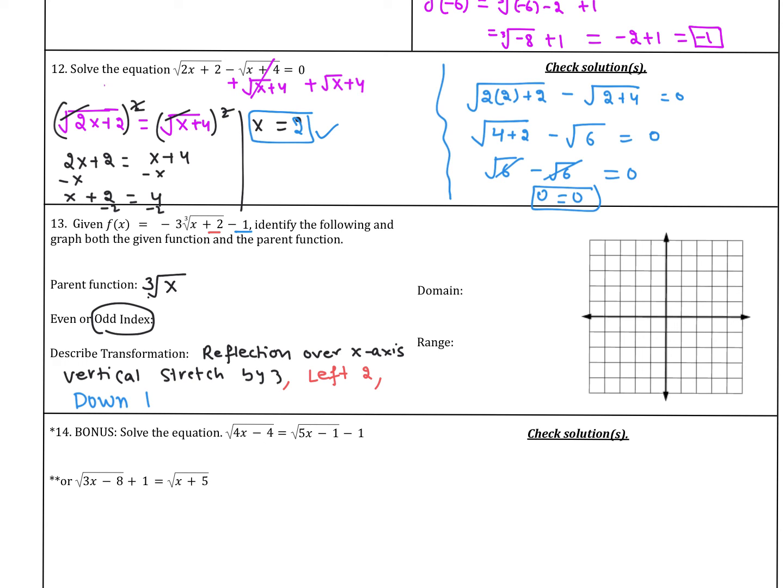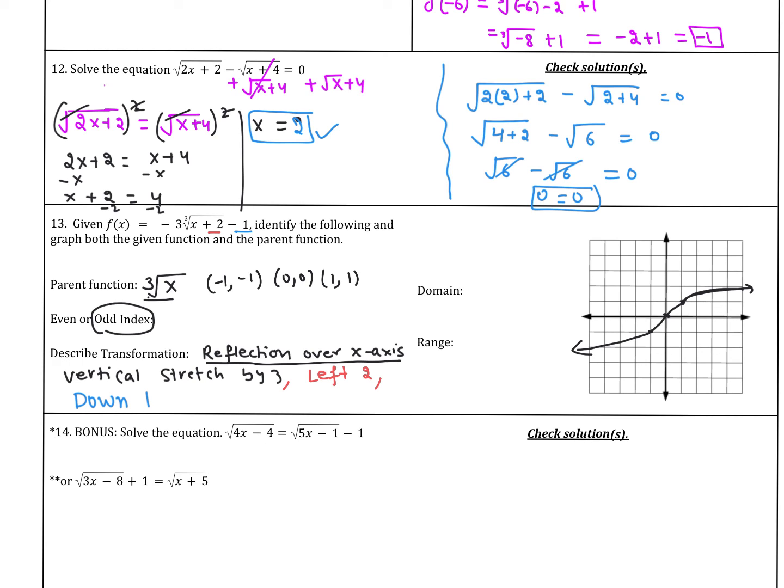For the parent function graph, as we can see this is a cube root, we're going to use the points negative 1 comma negative 1, 0 comma 0, and 1 comma 1. It goes both ways in both directions because it's going from negative infinity to positive infinity. The other one is reflected over the x-axis, with a vertical stretch by 3, left 2 and down 1.